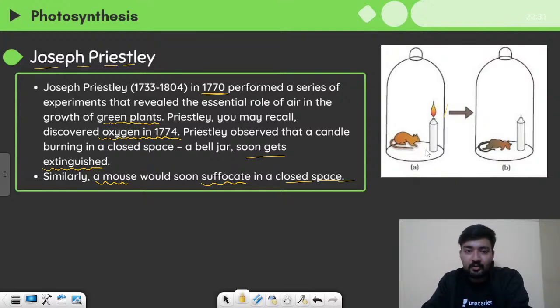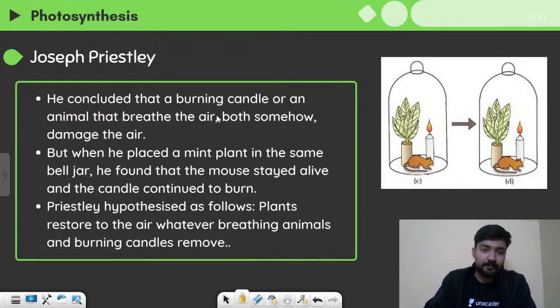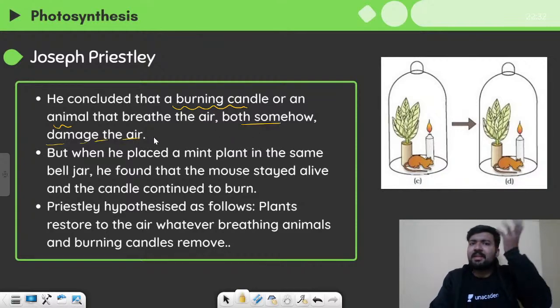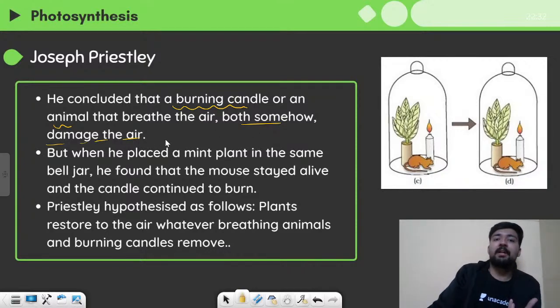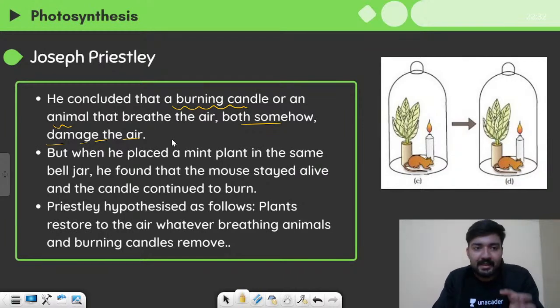Based on his studies, he concluded that a burning candle or an animal which is breathing somehow damages the air. So this was the basic thought that came to his mind based on the observation that these organisms or the candle are polluting the air, damaging the air somehow.